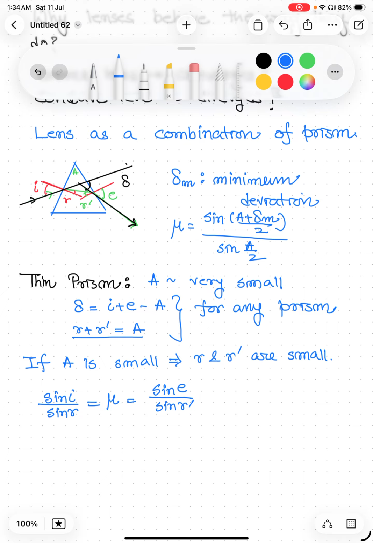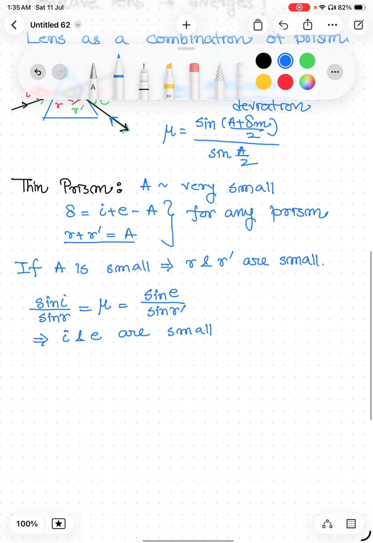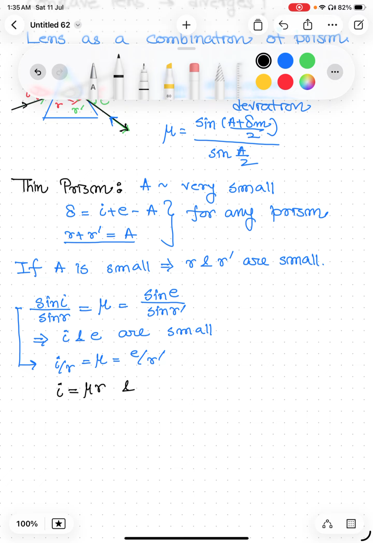Just think about the light retracing its path in the opposite direction. So if R and R dash are small, I can also conclude that I and E are small. So this expression becomes I by R equals mu equals E by R dash. So I can conclude I equals mu into R and E equals mu into R dash.